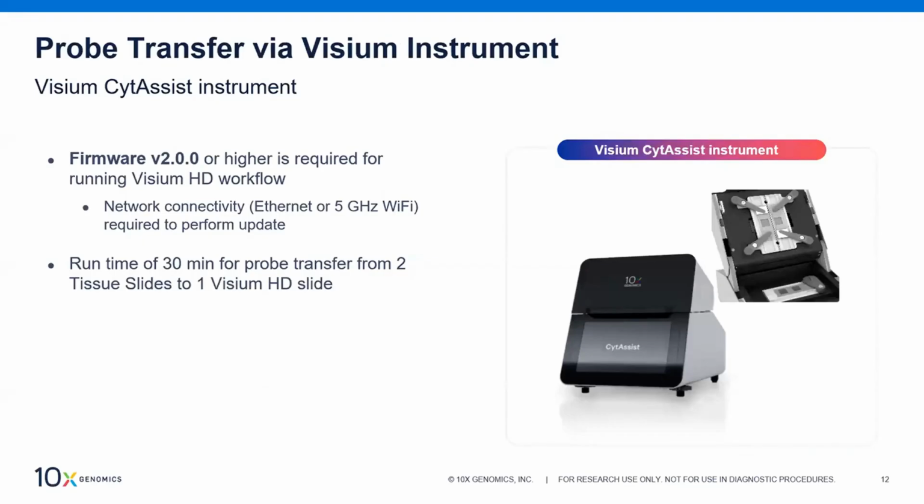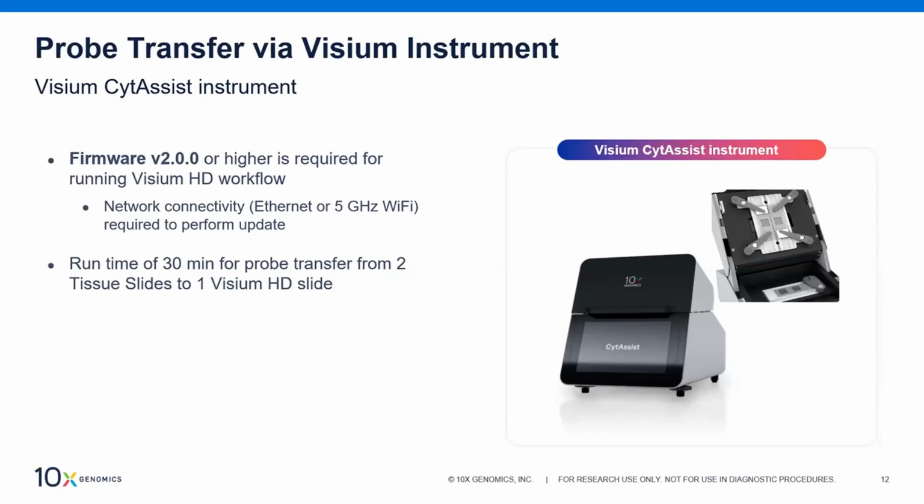I said it earlier in the beginning: to perform the Visium HD assay, we do need the CytAssist instrument, and we need the instrument to be updated to firmware 2.0.0 or higher. This is what you need to do to be able to run the HD workflow.